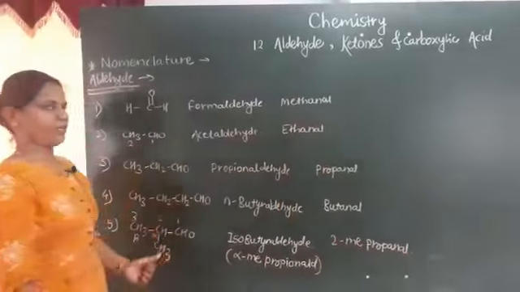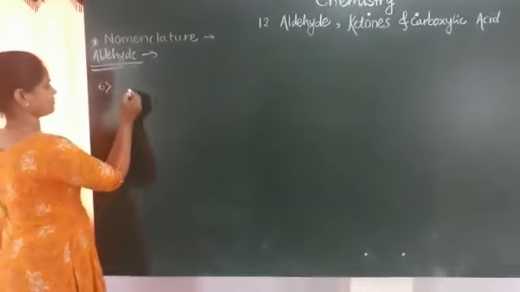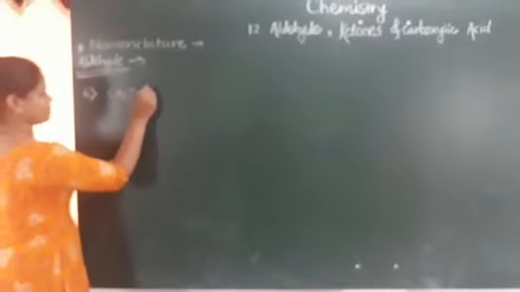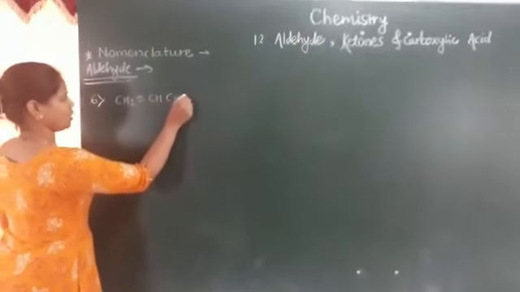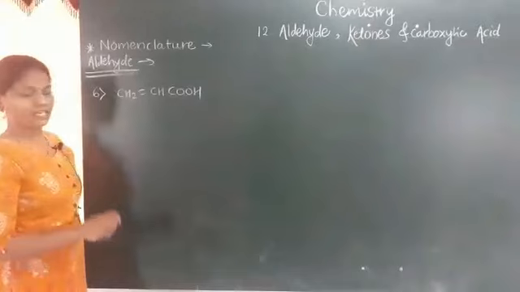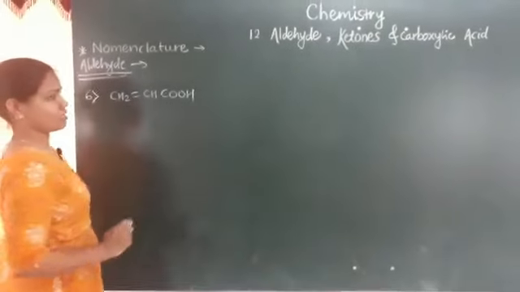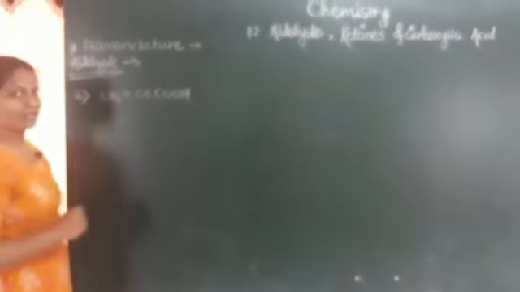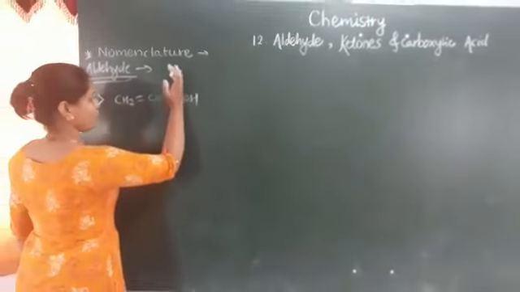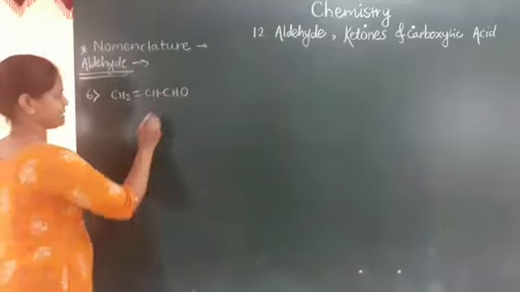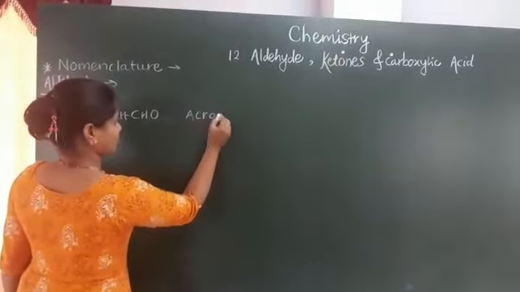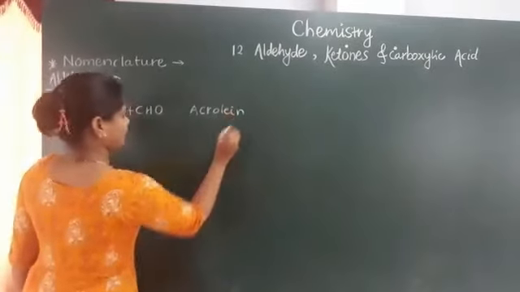Let us see the next one. Sixth one, CH2=CH-CHO. In carboxylic acid, this was acrylic acid. Now this COOH functional group is changed to CHO, and its name is acrolein.